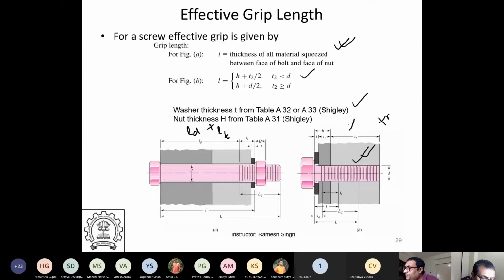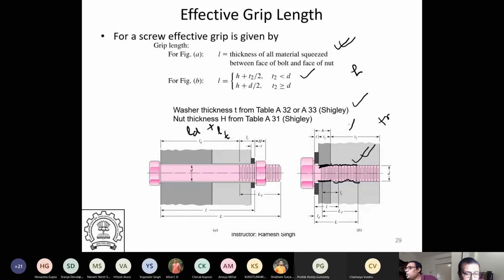This upper portion is purely drilled, there will be no threads here. So this portion is actually a through hole. Now this will be thread. The bottom portion is threaded.